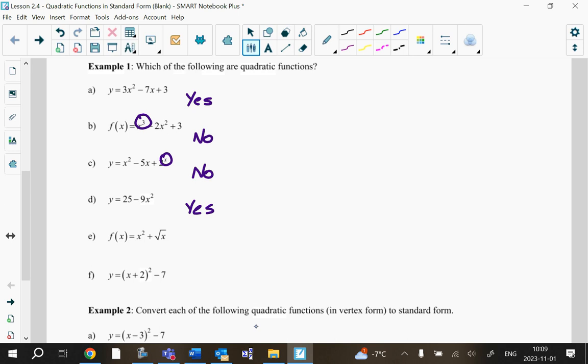Okay, well then now I've just given you the answer. If you remember from grade 10, the square root of x, we can write a little 2 there, is the same as x to the 1/2 power. You can't have a fraction exponent. So this one, because of this square root, would be no.